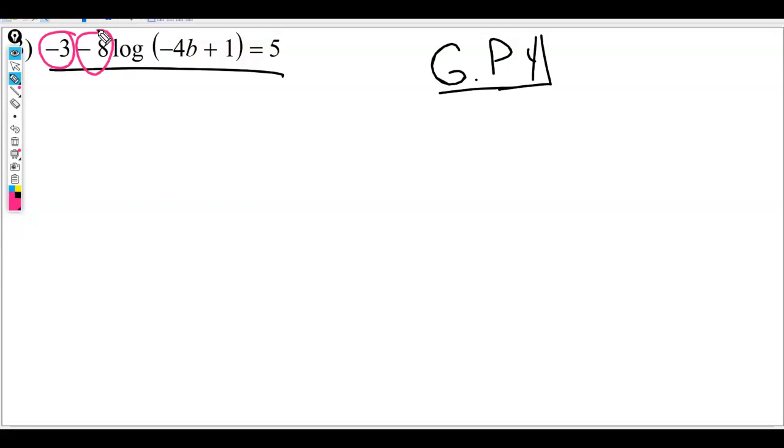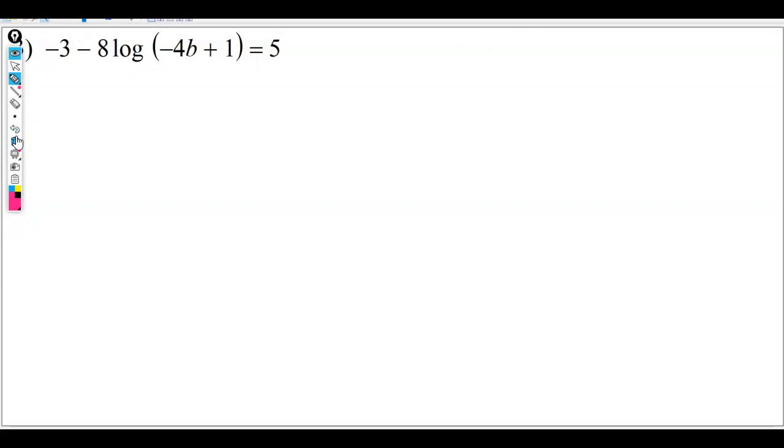Now, this problem is a little bit different from the last one. I'm going to show you guys how to get rid of the outside numbers first. On this problem, the first thing you're going to do is add the 3 to both sides like this. Add the 3 on both sides.